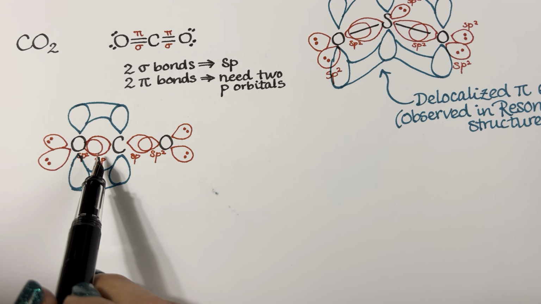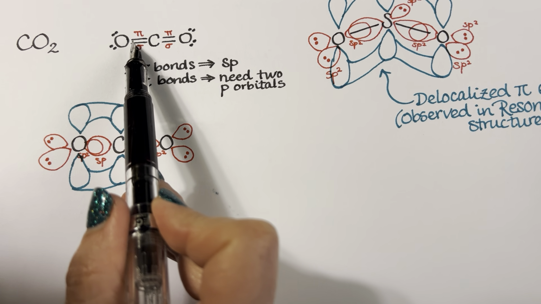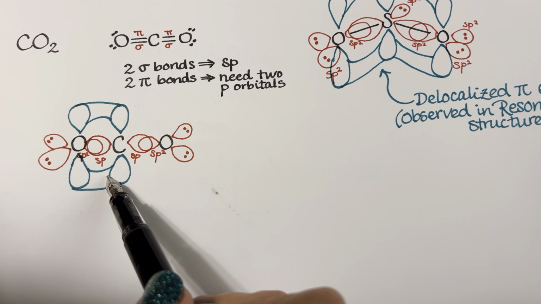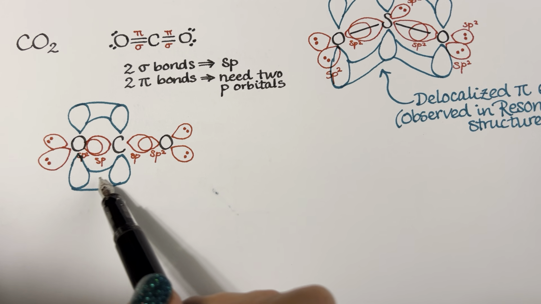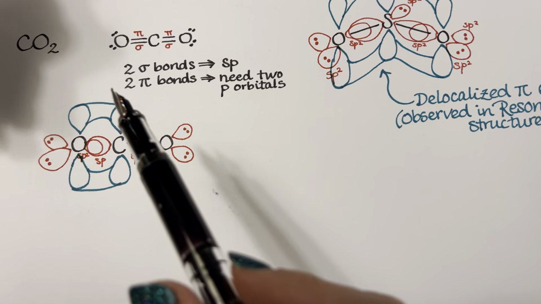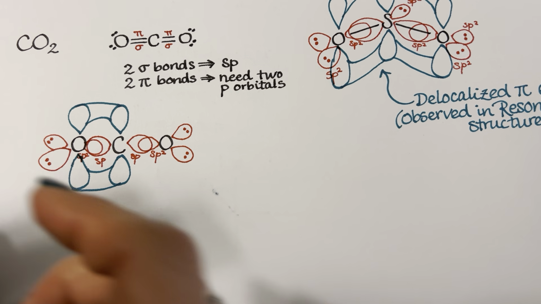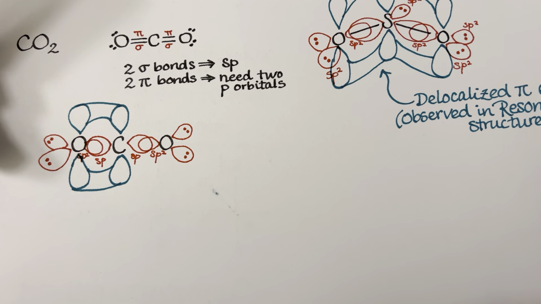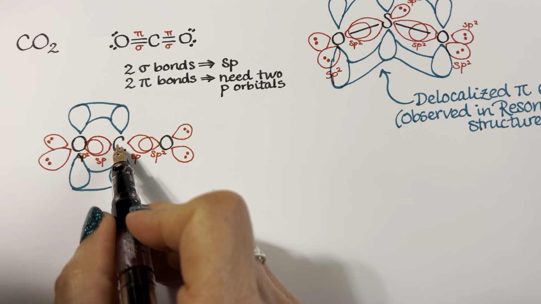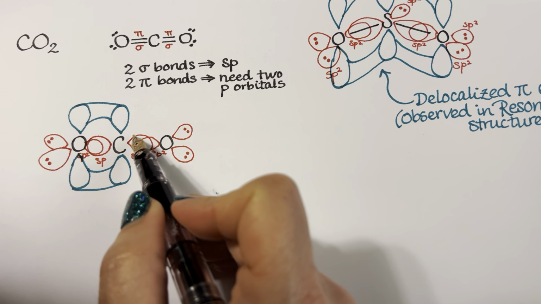We have to create localized bonds here where that electron pair can stay between the carbon and the oxygen in this pi arena. And then this carbon and this oxygen need to use a different set of p orbitals to overlap. So this p orbital is now going to be perpendicular.